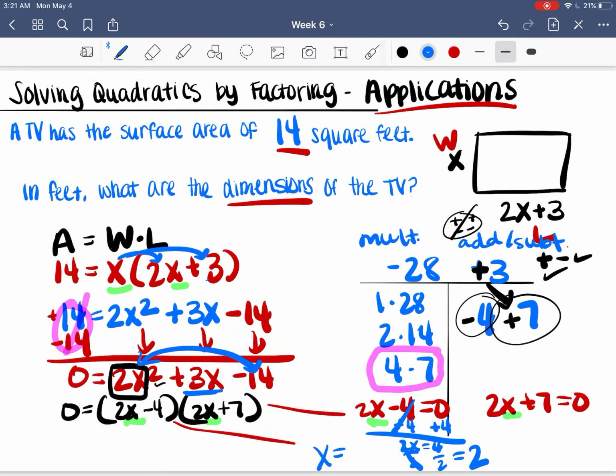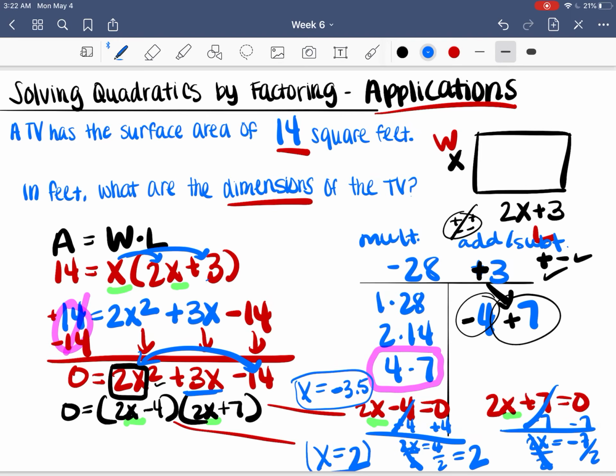So your x can be either equal to positive 2, or if I'm trying to get the x alone here, I would subtract 7 from both sides, and I would divide both sides by 2. So negative 7 divided by positive 2 gives me that x could be negative 3.5.